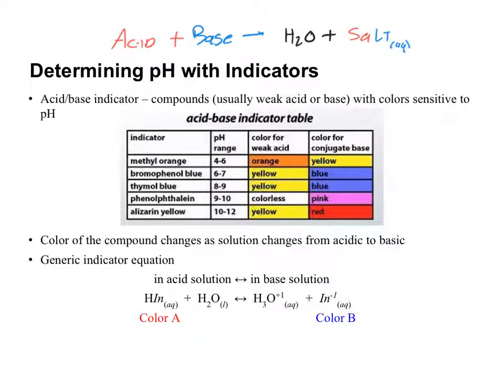And when that In minus gets to a certain threshold, the color will change. So in the case of methyl orange on top, it will be orange when it's in a weak acid, and when there's enough conjugate base made, it turns yellow. And then at that point, you know that you're somewhere at a pH range of 4 to 6.